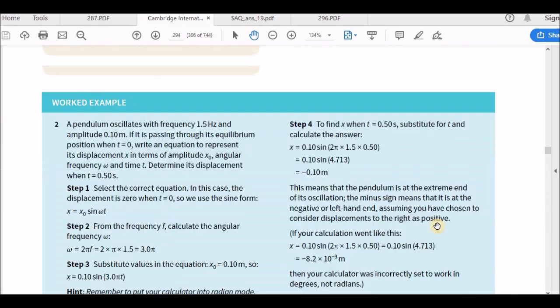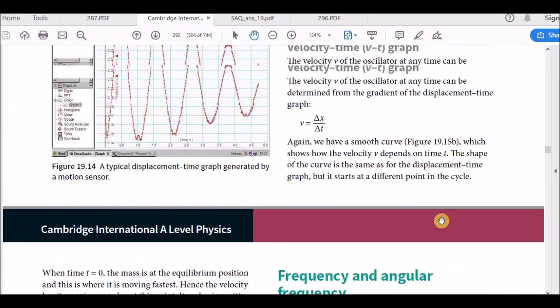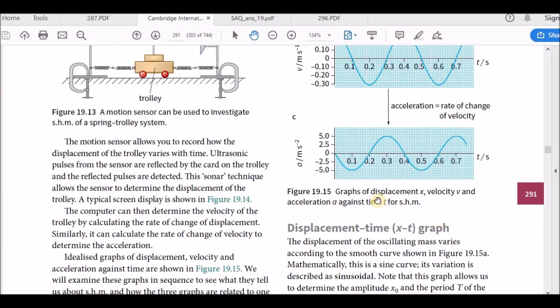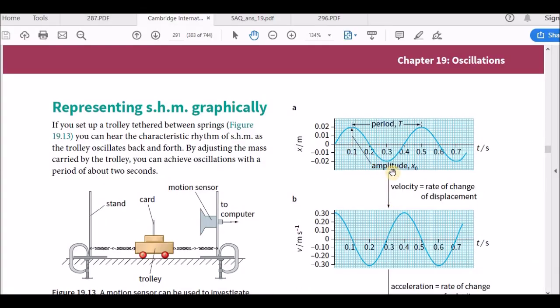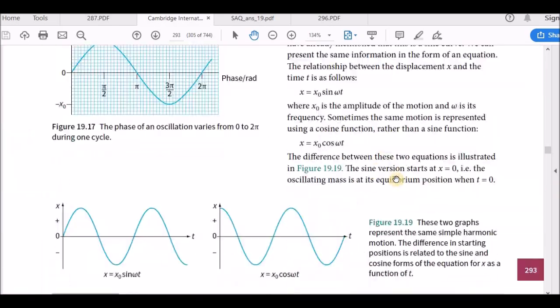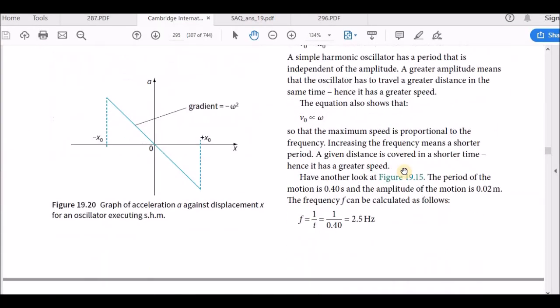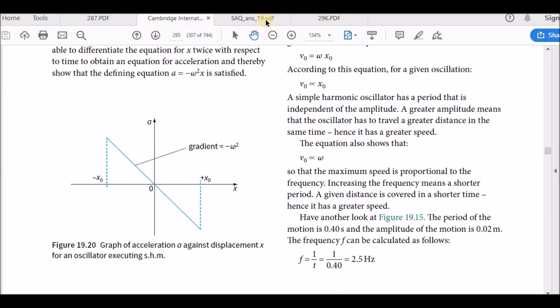Now figure 19.15, we looked at it again and again. Yeah, so you can see period is 0.4, amplitude is 0.02. Okay, so then we get the frequency 2.5 Hertz.